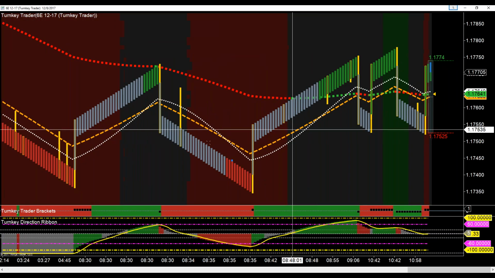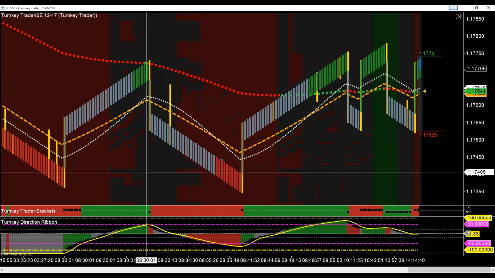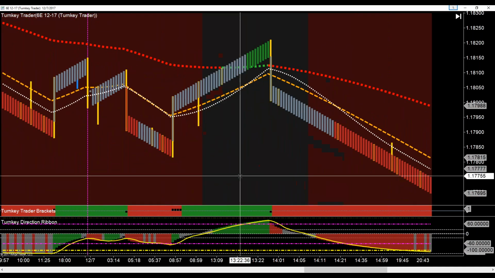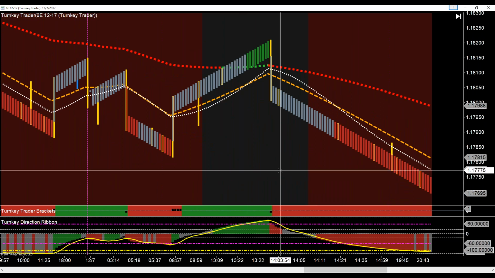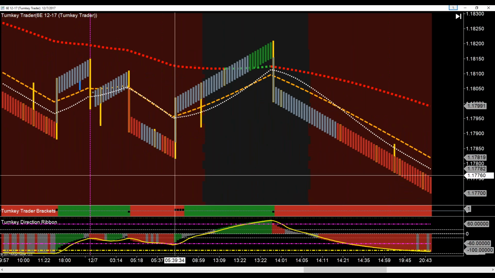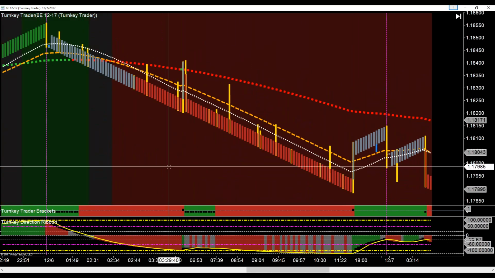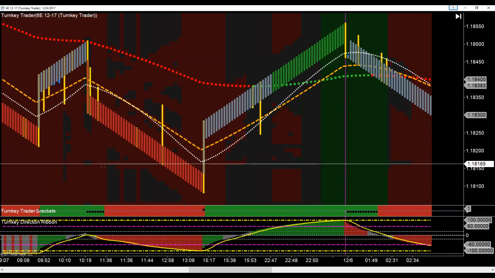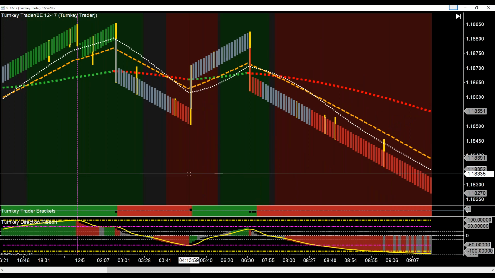All right, so this is our 6E. It's generally open from, I want to say, like 3:30 a.m. Eastern to about 11:30 Eastern. So yeah, it's been a while since I've looked at it.